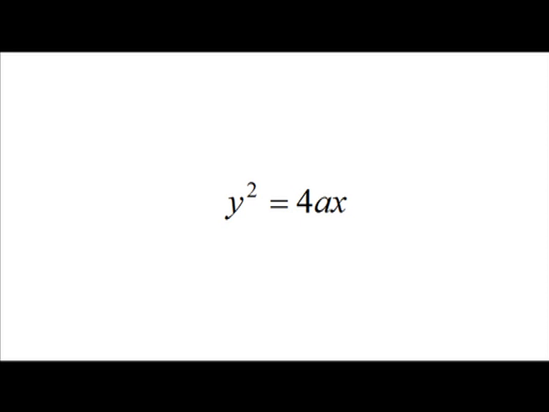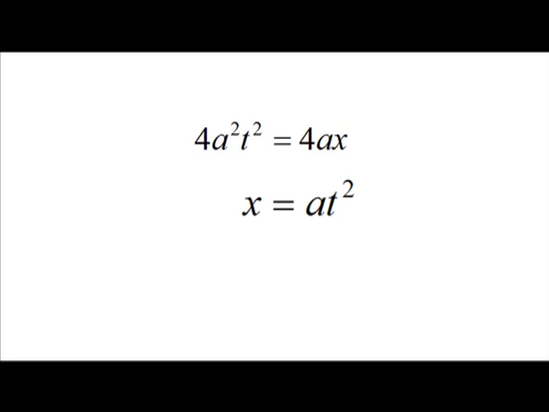If we substitute 2at for y in the equation y square is equal to 4ax, we obtain 4a square t square is equal to 4ax, which gives x is equal to at square. Hence, the parametrization is x is equal to at square and y is equal to 2at, where t may be any real number. For a given real value t, the point at square, 2at lies on the parabola and is referred to as the point t.